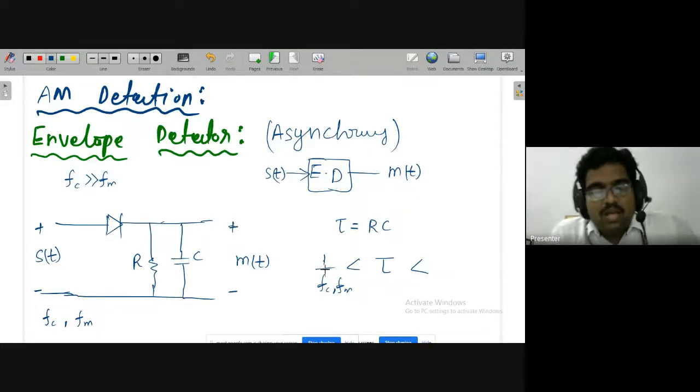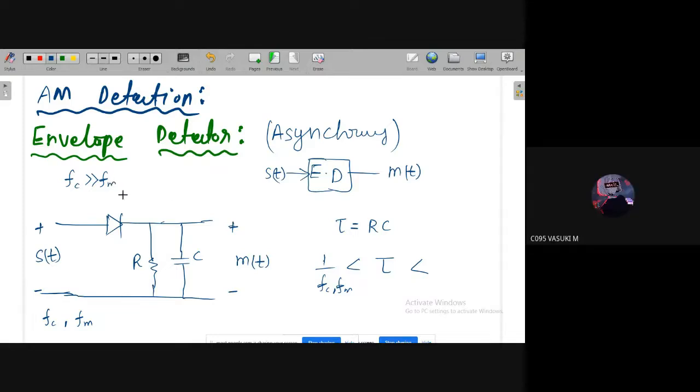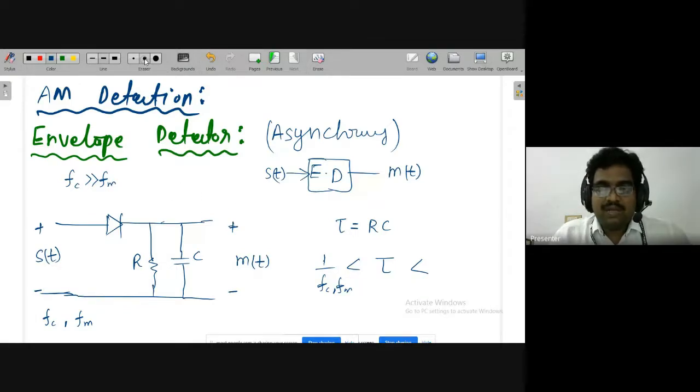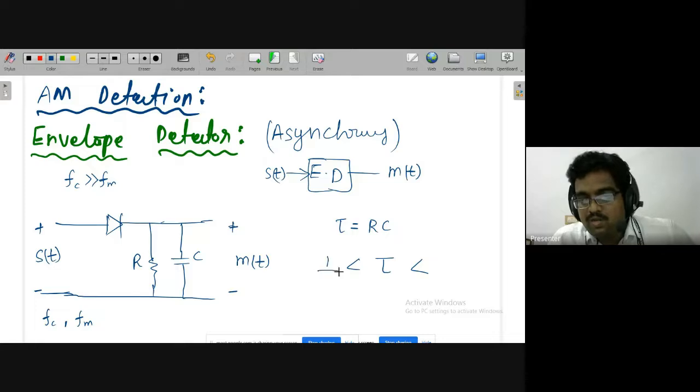Please think over it. Yes, fc. Because fc is larger, when you write it in reverse, it will be smaller. The smaller one we write on the left side. So like that, you can remember. So this is 1 by fc, then 1 by fm is the formula.